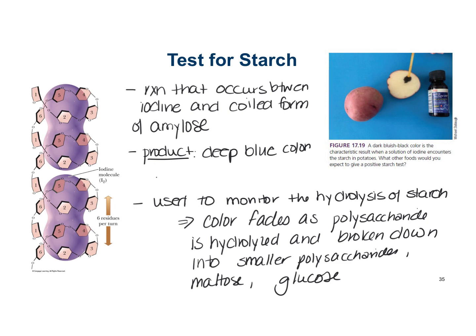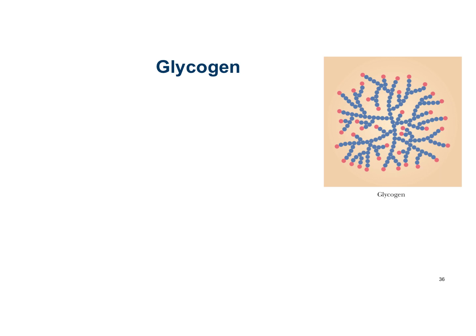Now, let's talk about another important polysaccharide, which is glycogen. This is sometimes called animal starch because it's a storage carbohydrate for animals that's analogous to the starch of plants.